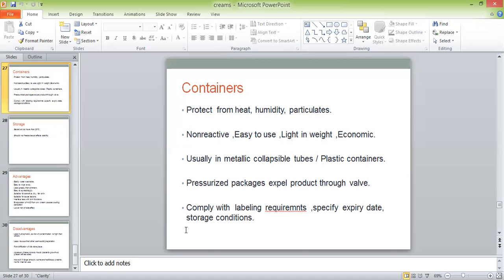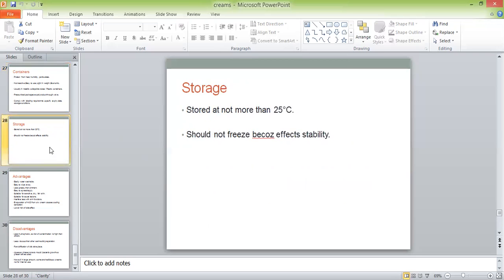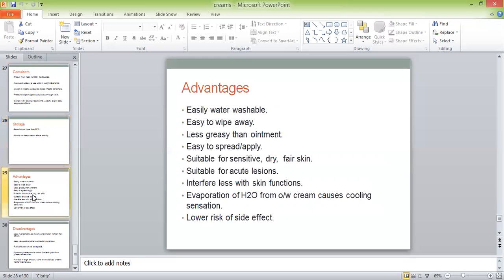They should not be stored at high temperatures or exposed to sunlight, because some of the ingredients may be photosensitive. They should not be stored at a temperature greater than 25 degrees centigrade. And they should not be frozen, because if the temperature is below zero or very low, it will also affect the stability of the cream.